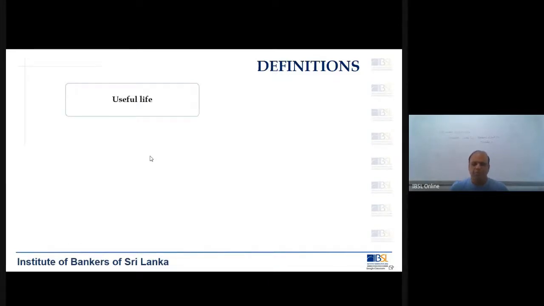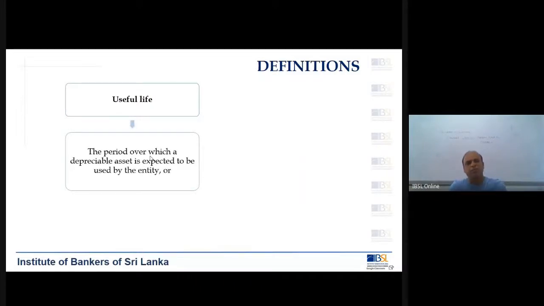Useful life. So what is the useful life of an asset? Like a human can live for, the generally accepted norm is about 70, 72 years. Even people can go on and live for more than that also. It's only an estimation.